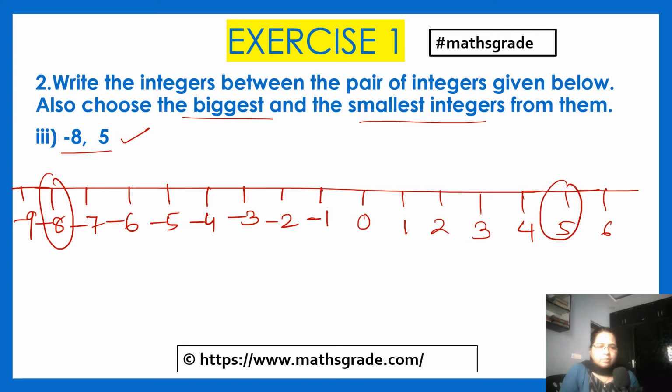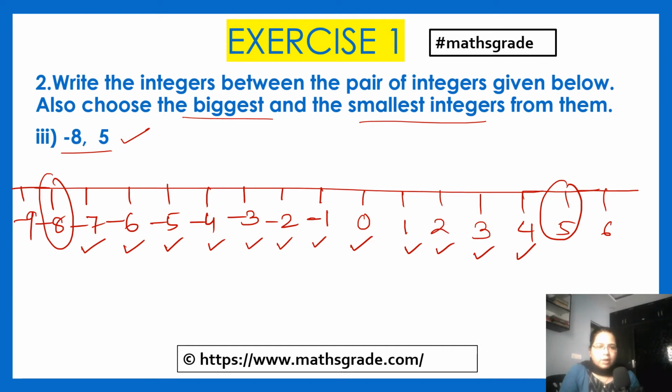Between -8 and 5, these are the integers: -7, -6, -5, -4, -3, -2, -1, 0, 1, 2, 3 and 4. These are the integers between -8 and 5.